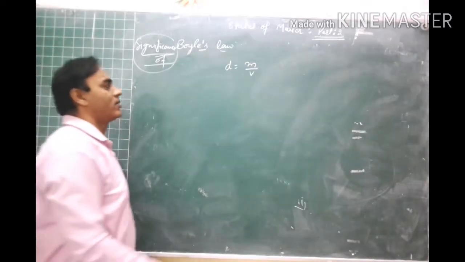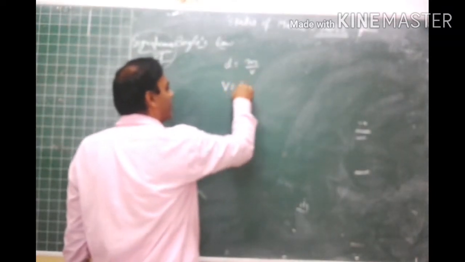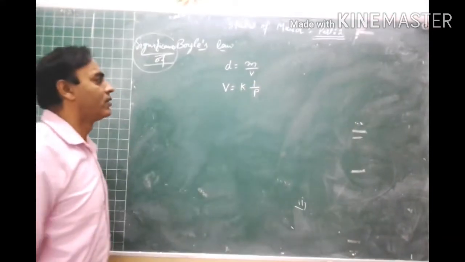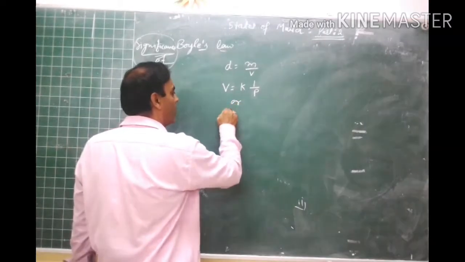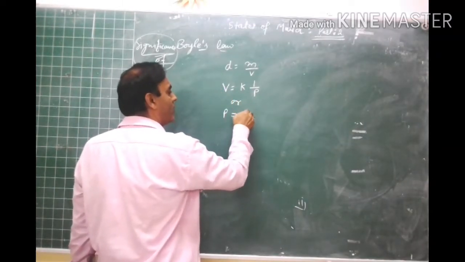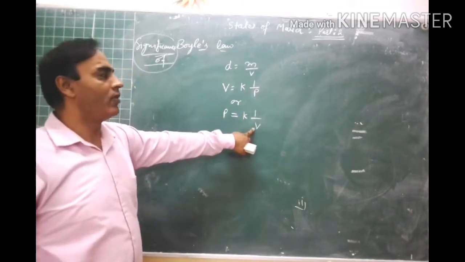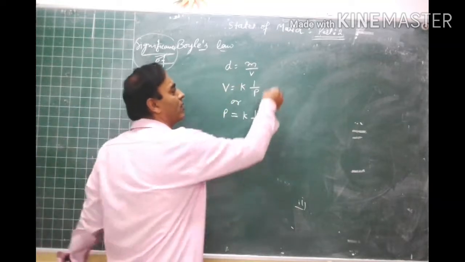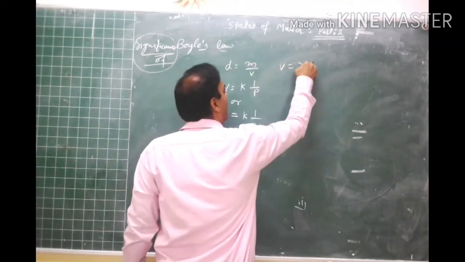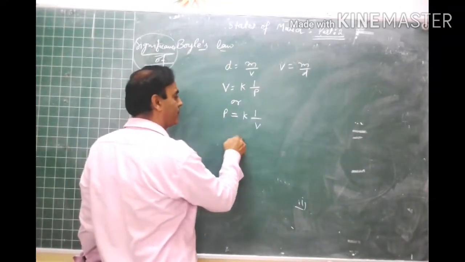Right? And according to Boyle's law, V is equal to K into 1 upon P. Right? Or we can also write P is equal to K into 1 upon V. Now putting the value of volume, V is equal to M upon D, right? So put this value here.